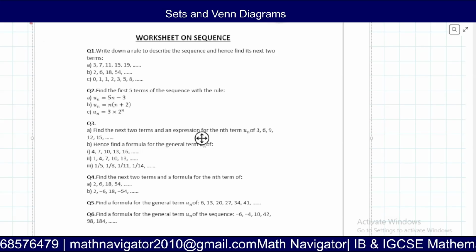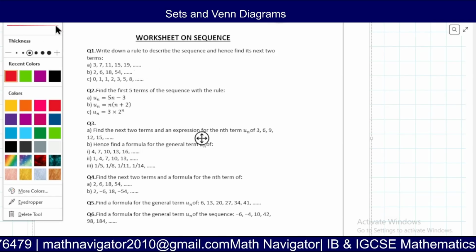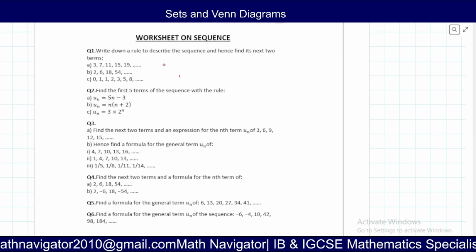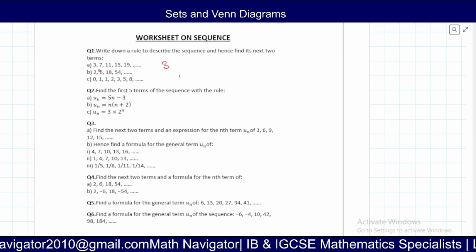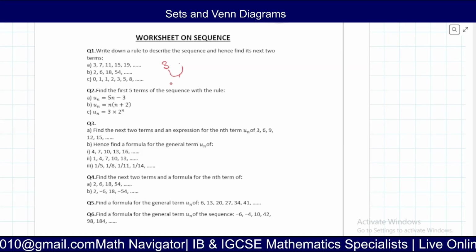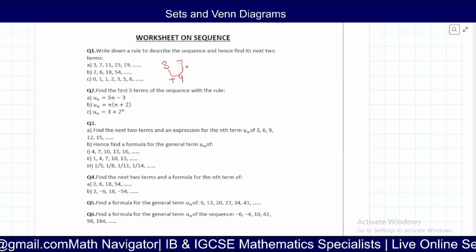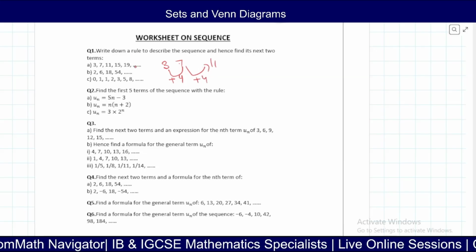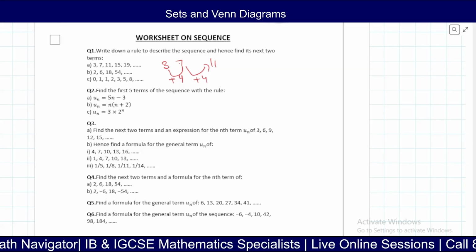So the rule is, my first term is 3. Add 4. If you add 4 to it, it will become 7. If you add 4 again, it will become 11, and so on. So this is the rule for the first sequence.